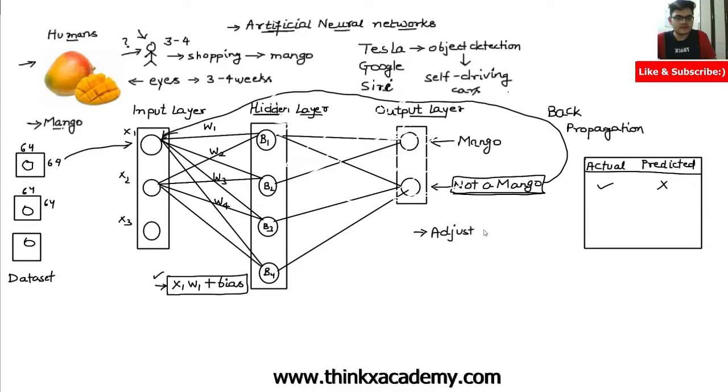It will adjust these weights, weight 1, weight 2, weight 3, and all the weights of all the channels. And how will it adjust is, we will tell the neural network that there is some change in error, right? So I can actually create another column.